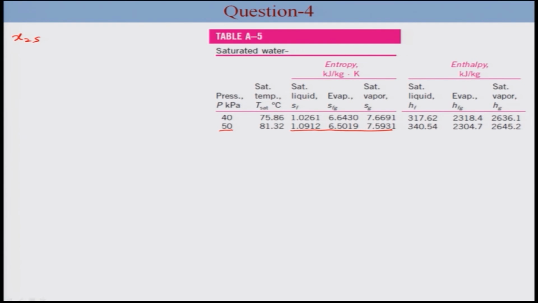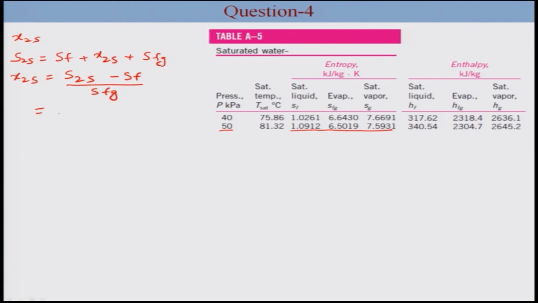S2S is equal to SF plus X2S times SFG. So, X2S is equal to S2S minus SF divided by SFG.